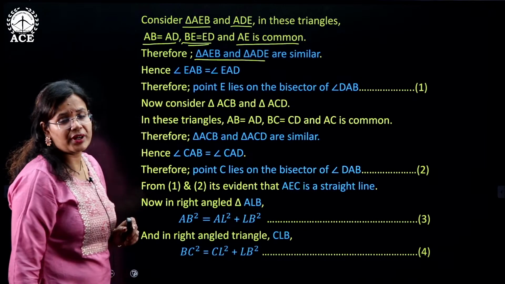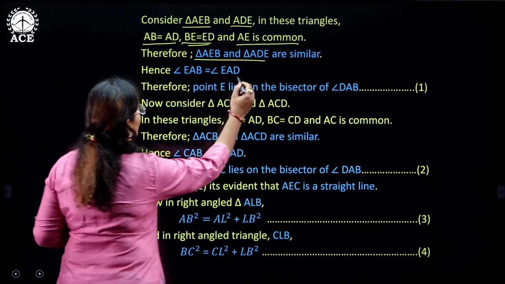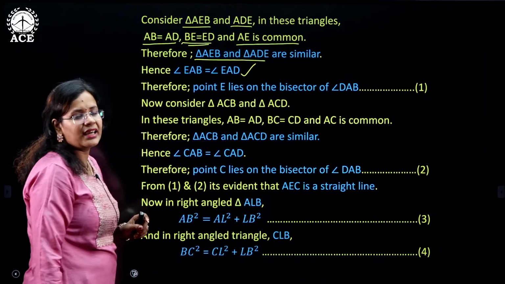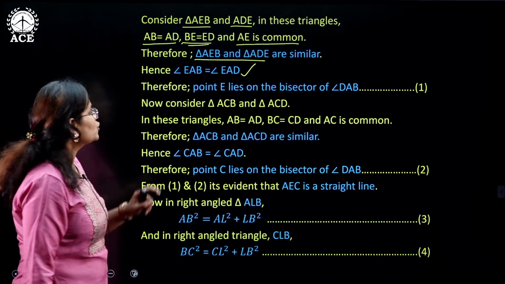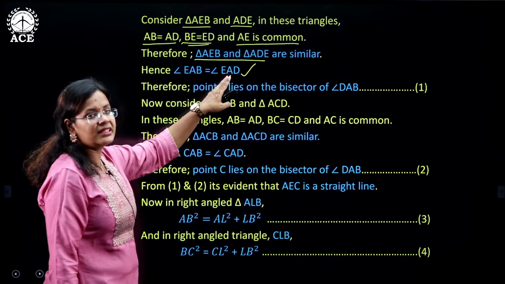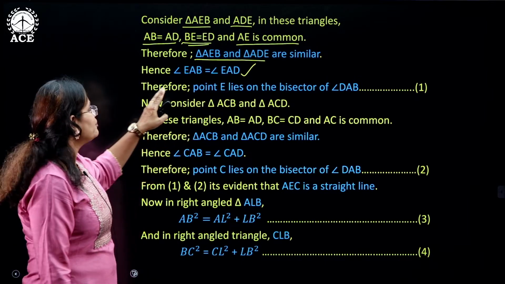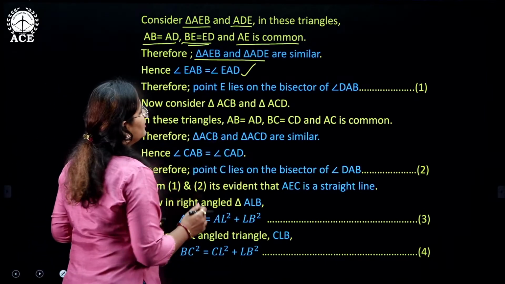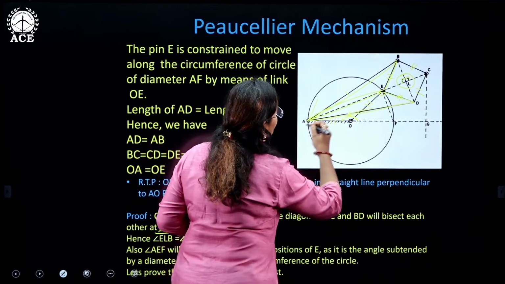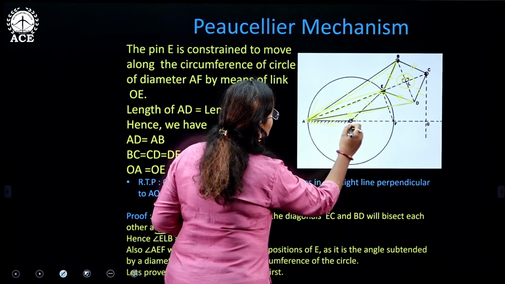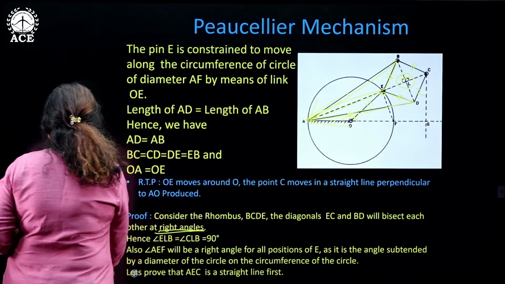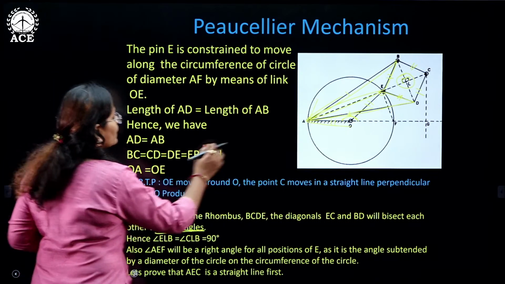Since they are similar triangles, I can also say that angle EAB and angle EAD are equal to each other. So when EAB and EAD are equal, that means the line AE is bisecting this particular angle. Let us draw freshly.